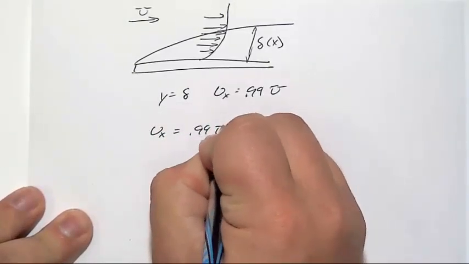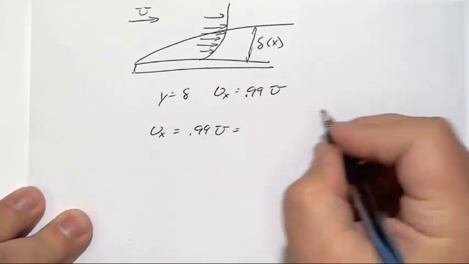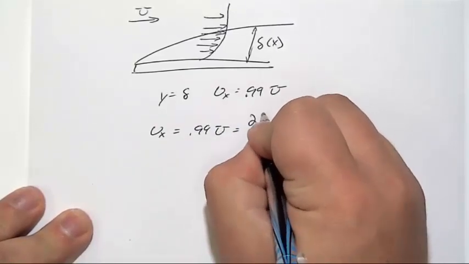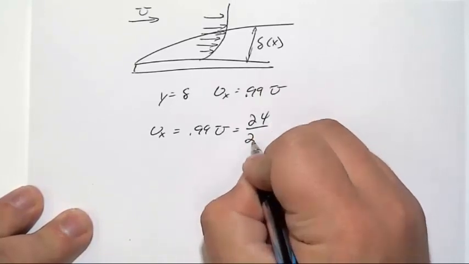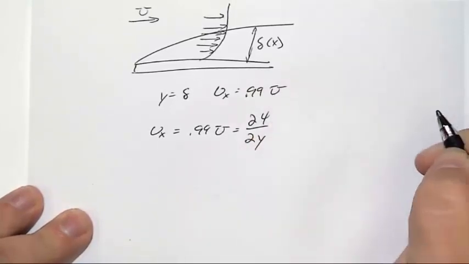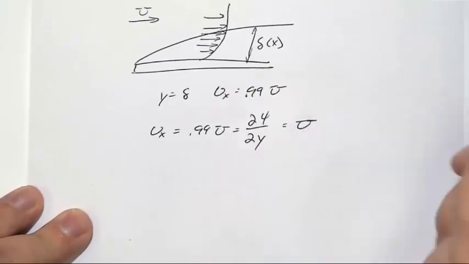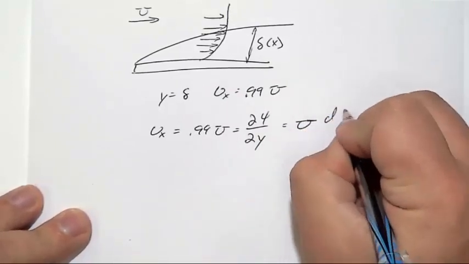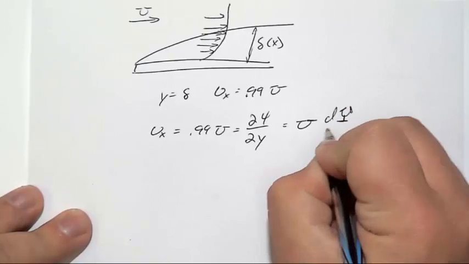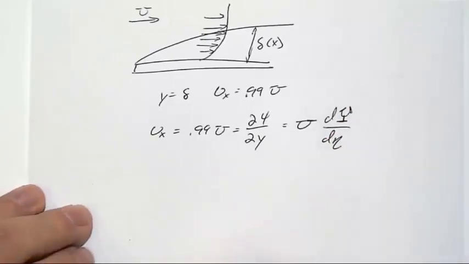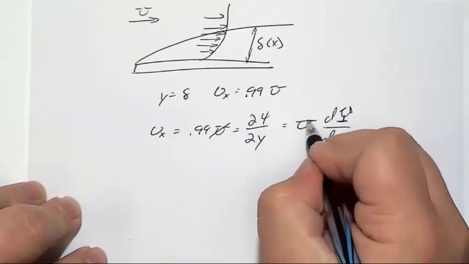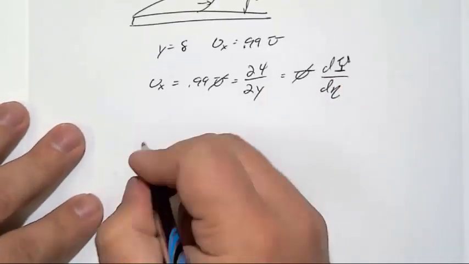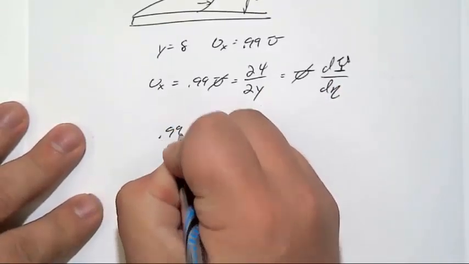And so in that case, I say u of x is equal to 0.99 U, and remembering that this is equal to the partial of psi with respect to y, which is then also equal to U times my modified stream function derivative, f prime of nu. And so when I do this, these two terms cancel out.